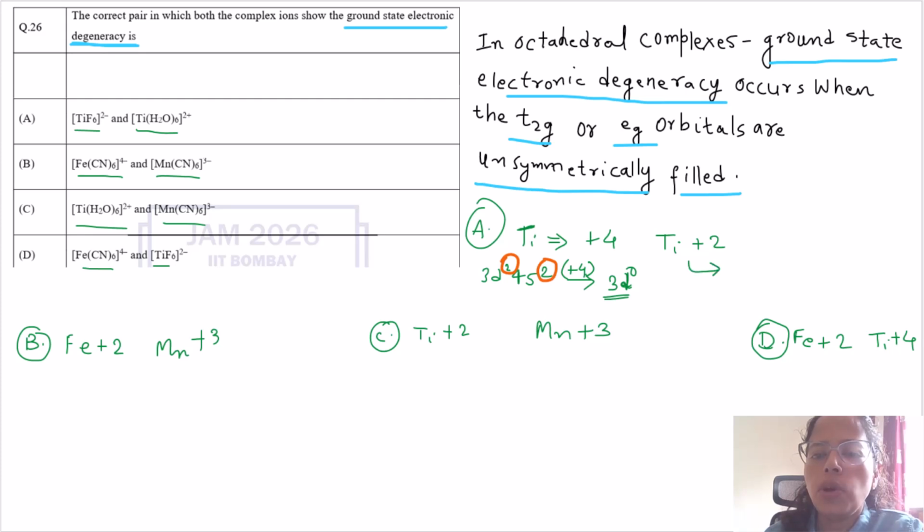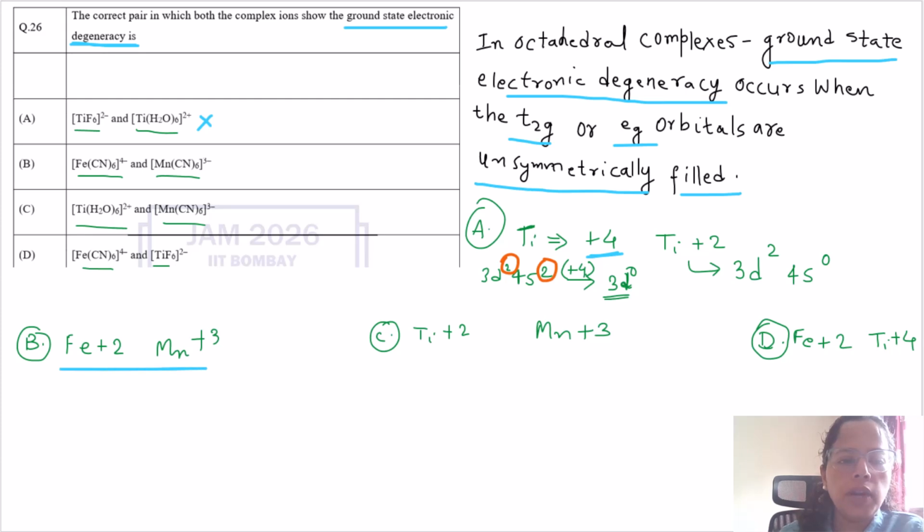In the +2 oxidation state it should have 3d2 4s0. So in titanium +4, since the d orbitals are completely empty, there is no question of degeneracy. So this option should be eliminated because of the titanium +4 oxidation state with empty d orbitals.